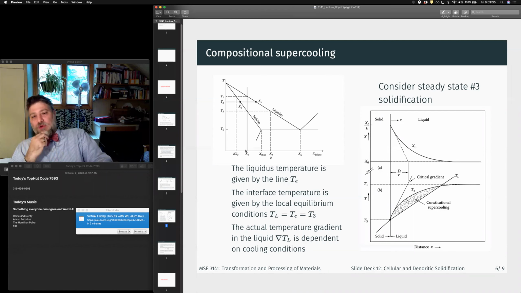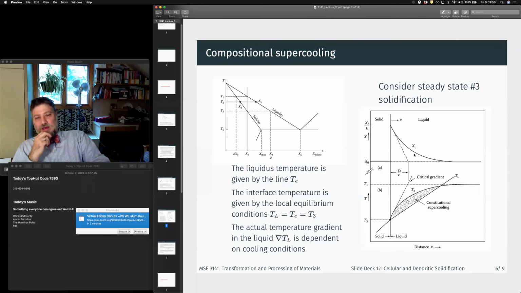Once we're in the steady state regime and our composition gradient has gone up, we know that T3 is going to be given by our solidus line, right? And then we come across our T3 to our liquidus line, and we know that's our composition up here.